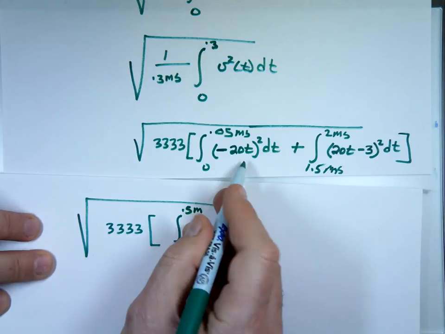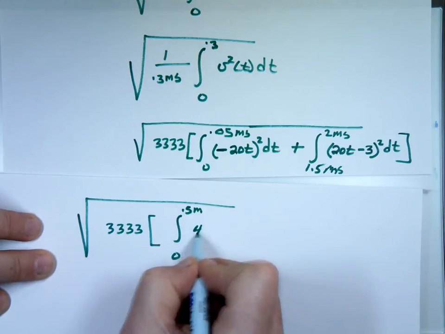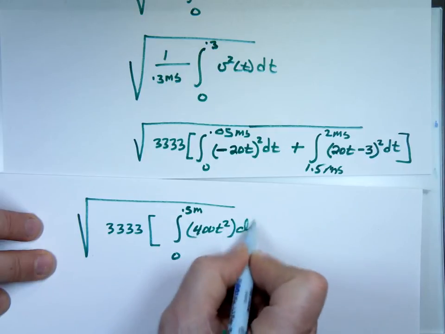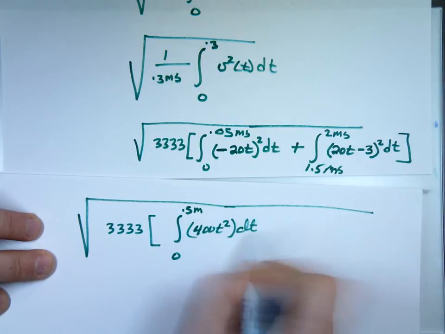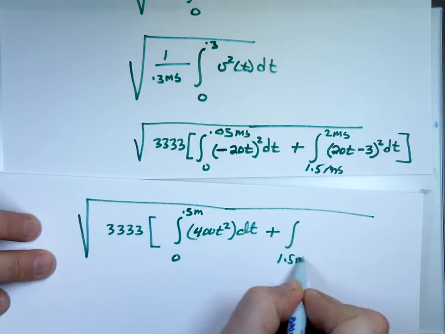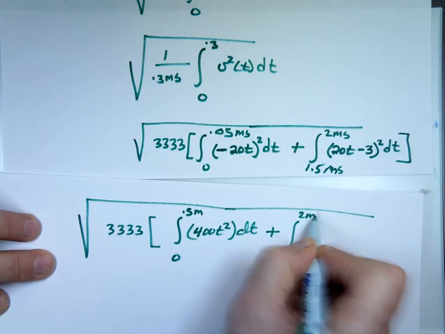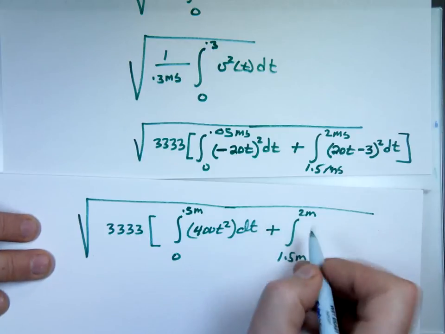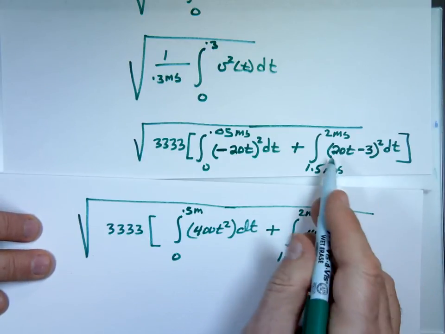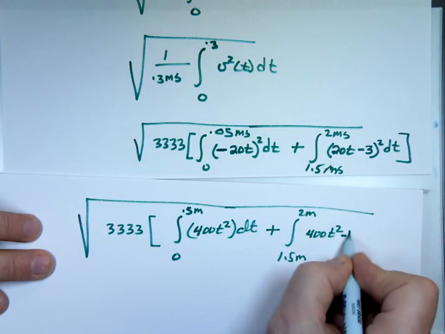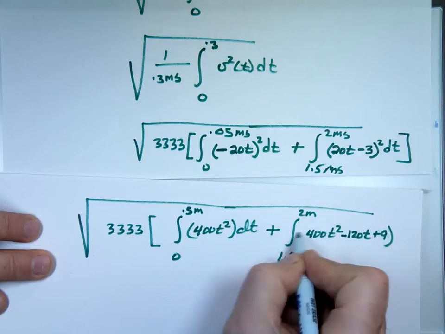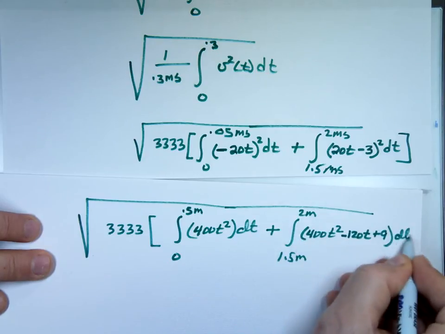When you square that, is that 400t squared dt, plus from 0.15 milli to 0.2 milli, 20 squared, that's 400t squared, minus 120t plus 9, is it? dt, FOIL method.